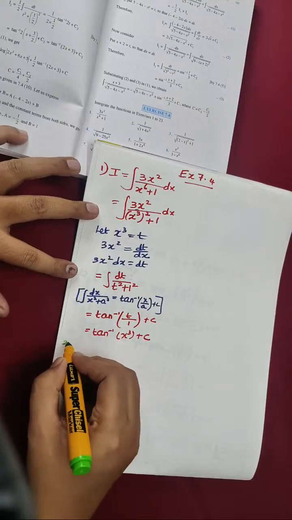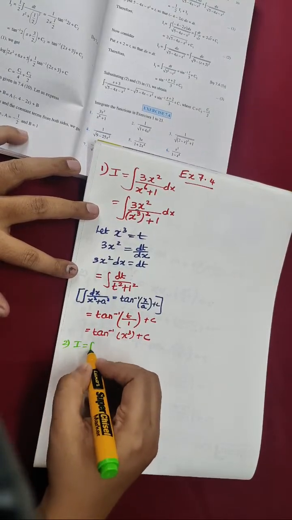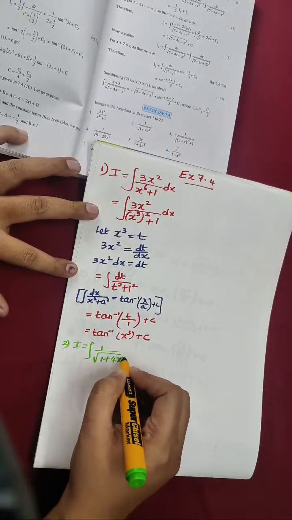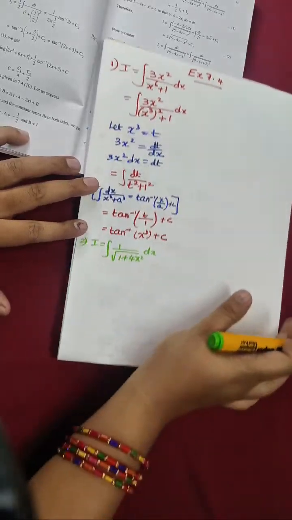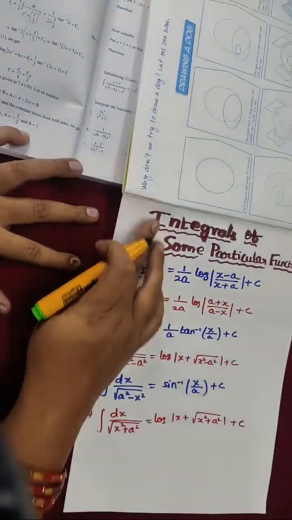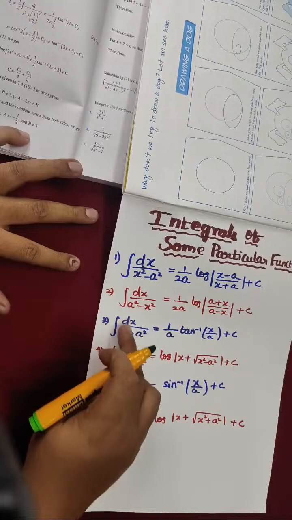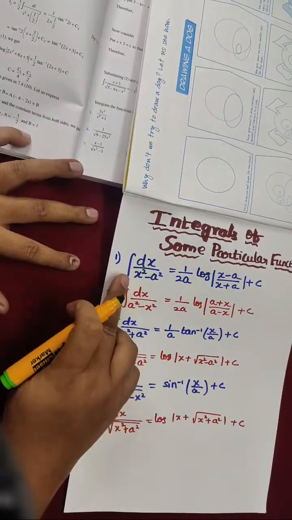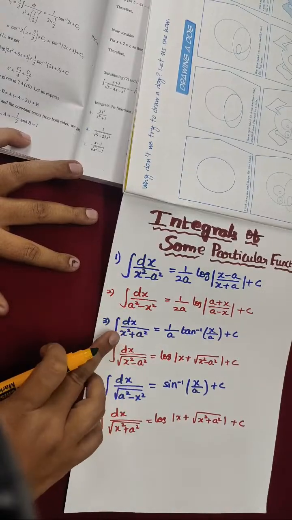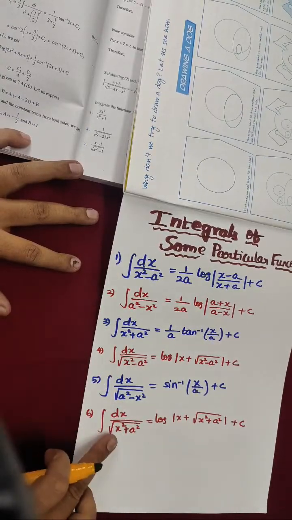Question number 2, I equal to integral 1 by root of 1 plus 4x square dx. Here, one more point we have to take care of: if you see the coefficient of x in all the formulas, it will be either plus 1 or minus 1. If you check here, it is plus 1, minus 1, plus 1, plus 1, minus 1, plus 1.